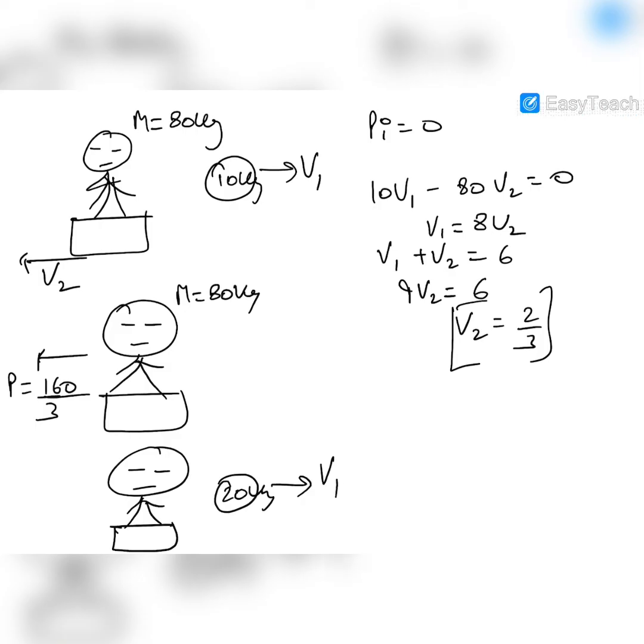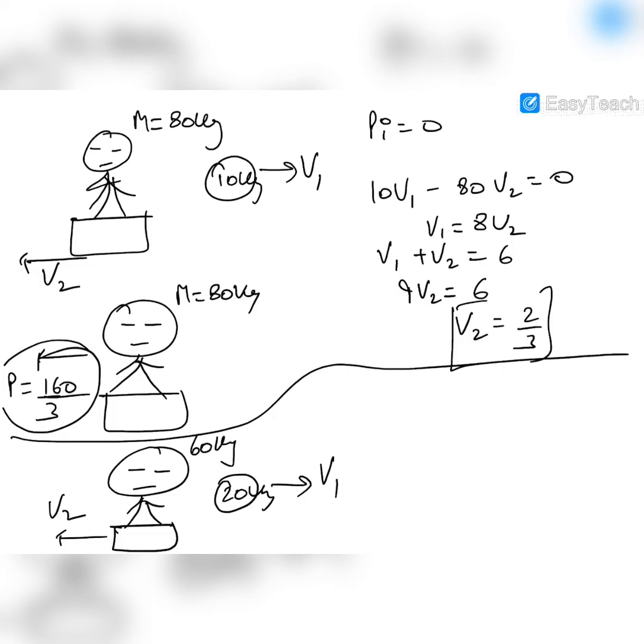Since we have already used v1 and v2, I am again assuming v1 and v2 separately. The remaining mass is 60 kg. The initial momentum was in the backward direction, so 60 v2 minus 20 v1 is equal to 160 by 3, and the second equation is the relative velocity, v1 plus v2, which is again 6.